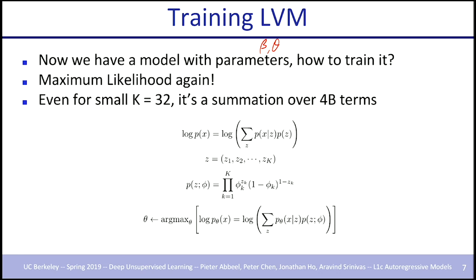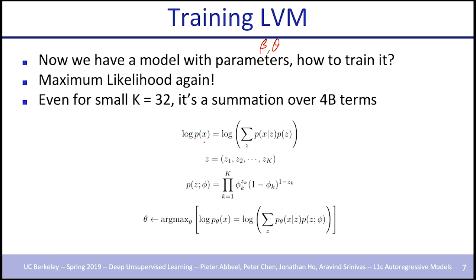So you're given an X, which is a binary string, and you need to evaluate this binary string's probability under this model. But then you ask, where do I get this marginal P of X? It's actually not explicitly defined.